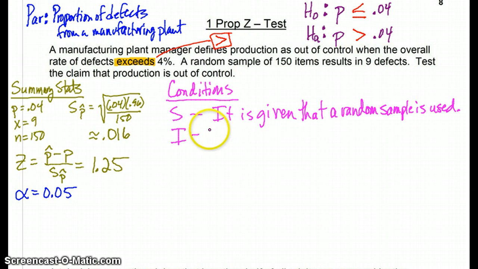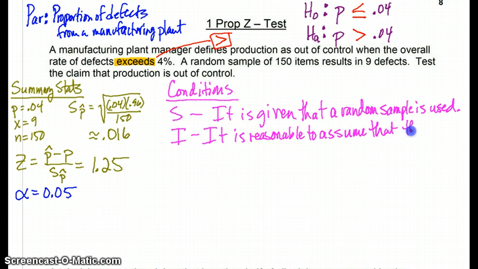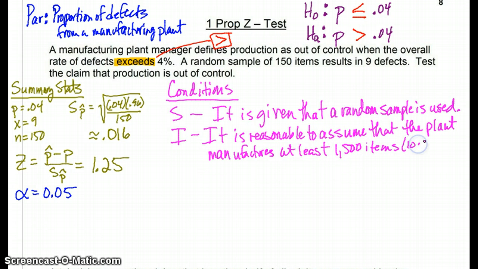I believe it is reasonable to assume that the plant manufactures at least 1,500 items, which is 10 times 150.